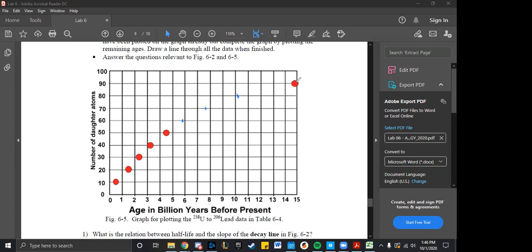And then you'll just draw a line through them. It should look pretty much like that. If you're not doing it on a computer, it'll look better.